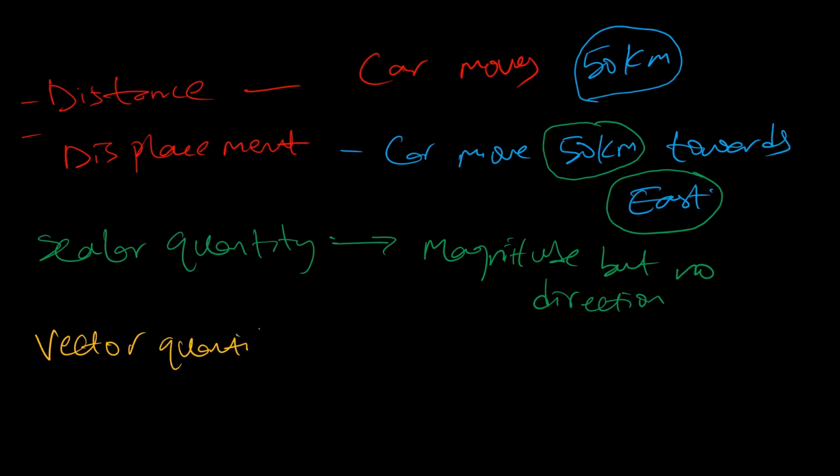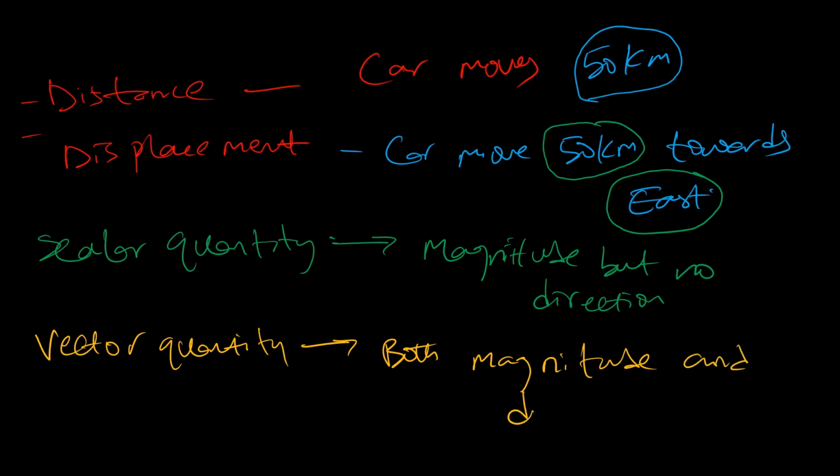A vector quantity has both magnitude and direction. Okay, so that is the difference between distance and displacement. And the SI units of distance and displacement are the same. They are both measured in meter.